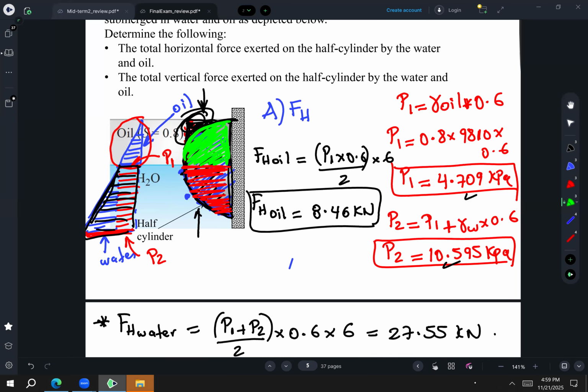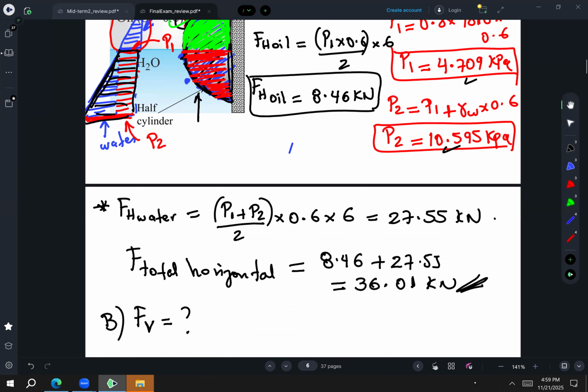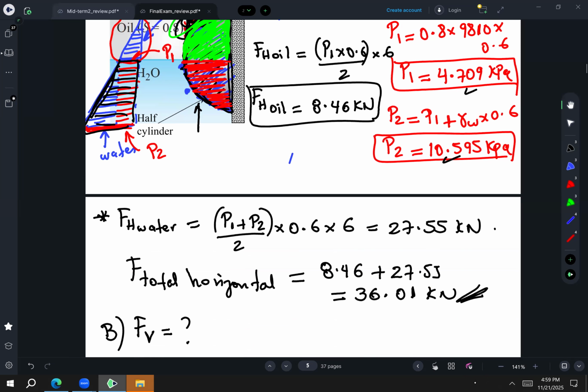And the reason is because when I am subtracting the whole thing minus this, I'm getting only one quarter of the log. Therefore, the vertical force will be equal to what? It will be equal to gamma times volume, because that's the weight. Weight is equal to gamma times volume.